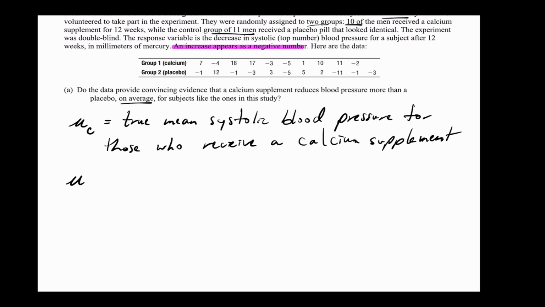That's the first one. The next one was the placebo group, so it's going to be the same thing: true mean systolic blood pressure for those who did not receive a calcium supplement.